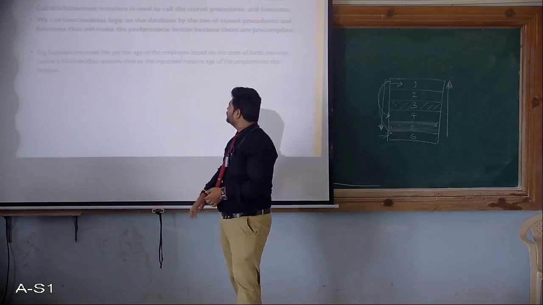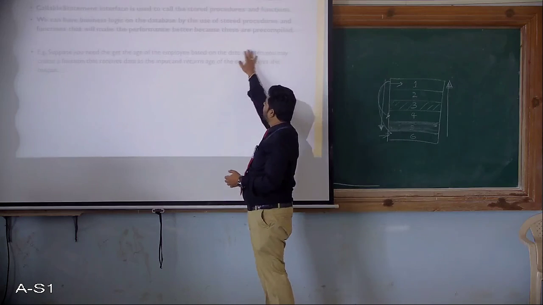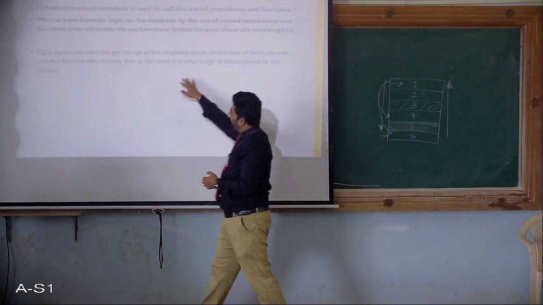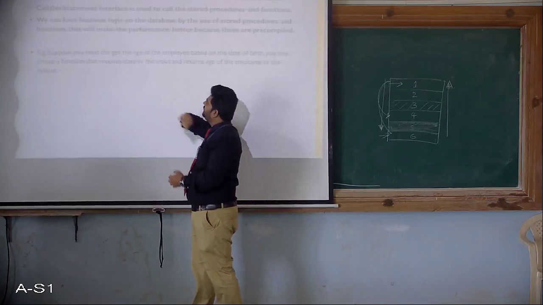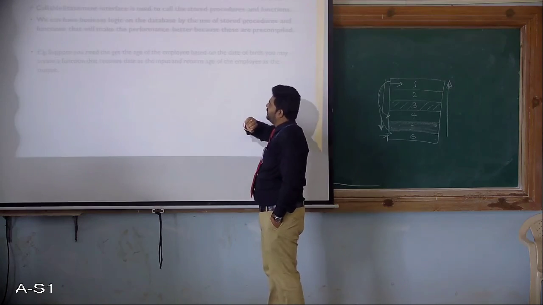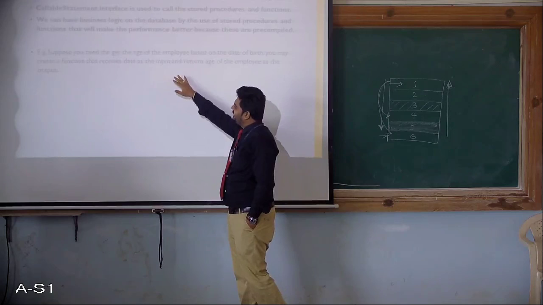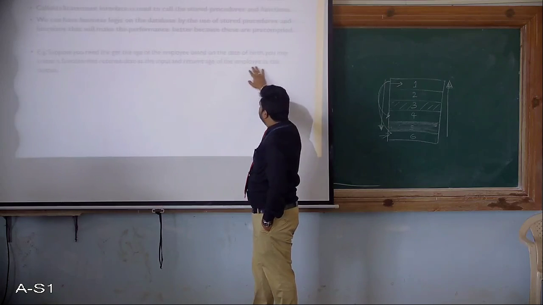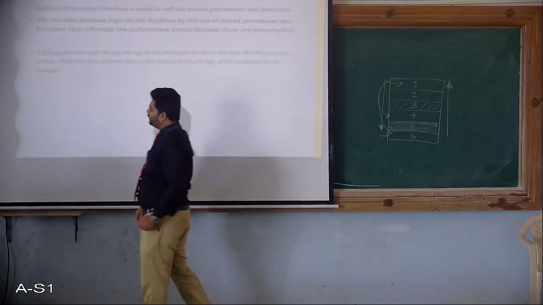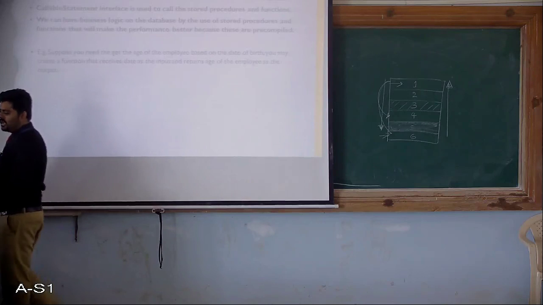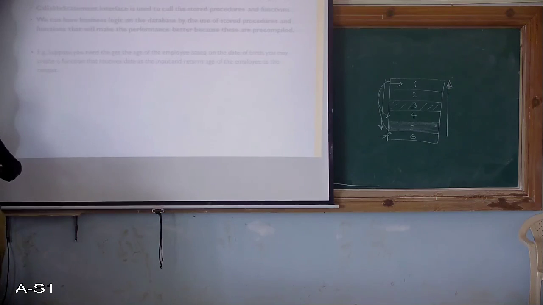Here date of birth will be the input and age will be the output for that stored procedure or function. So here you may create a function that receives the date as an input and returns the age as an output for that particular employee. This is a small example of how the functionality is divided into different segments, and whenever it is required you call it using the callable statement interface.